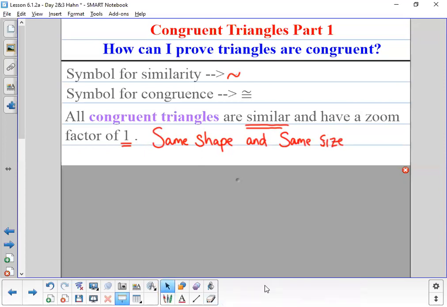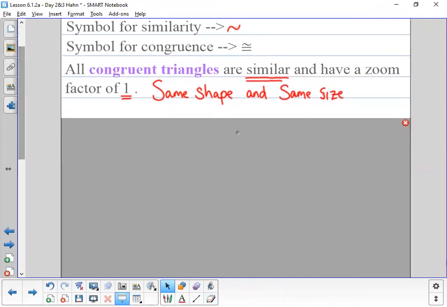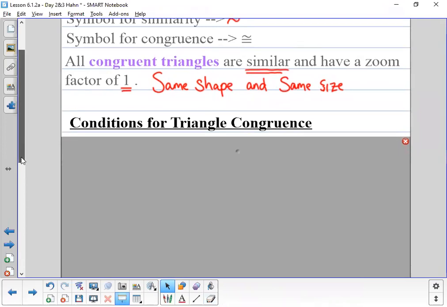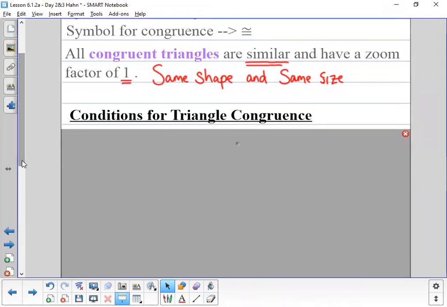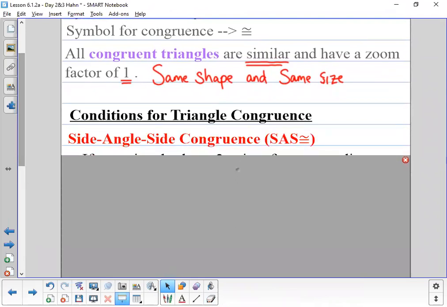So let's talk about these shortcuts or these conditions for congruence. We're going to take notes on 2 conditions for congruence right now. The first one is side angle side congruence.